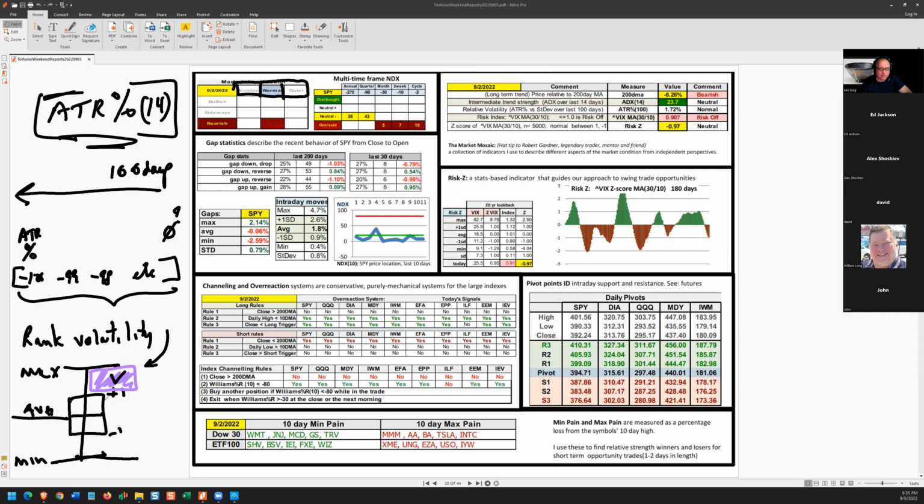And if that volatility was within plus or minus one standard deviation of normal, of average, we're going to describe that as normal volatility. And if that volatility was more than one standard deviation less than the 100-day average, meaning it's very quiet, we're going to call that a quiet volatility. So that's how you get these three categories. Is it a volatile, normal, or quiet day?